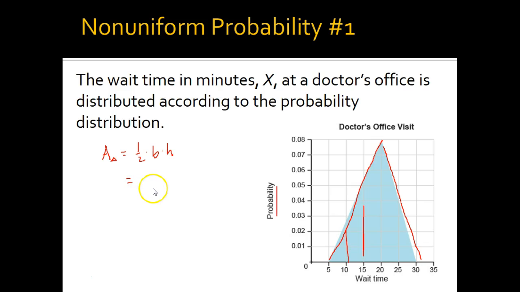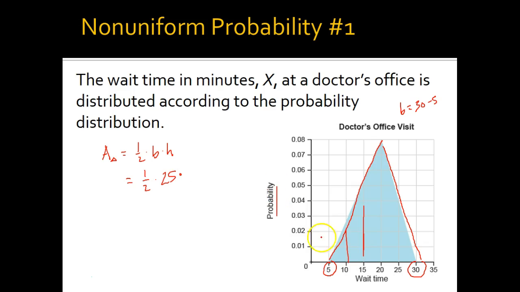In our big triangle, the entire probability distribution that should add up to 100% or 1, the base is the length from 5 to 30, which you get by doing 30 minus 5. So B equals 30 minus 5, which is 25.